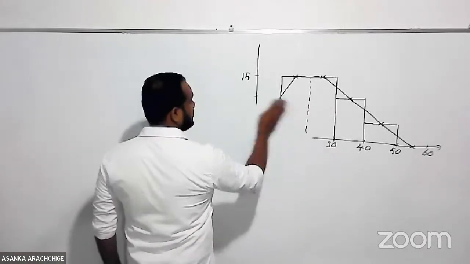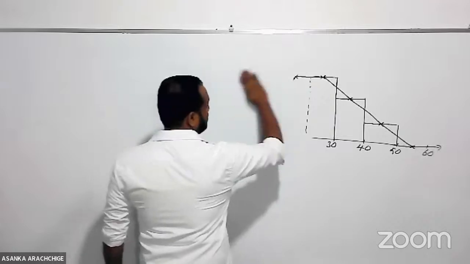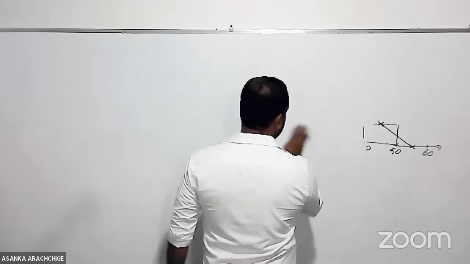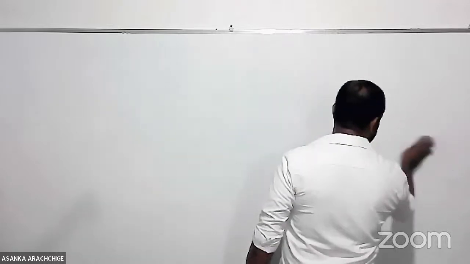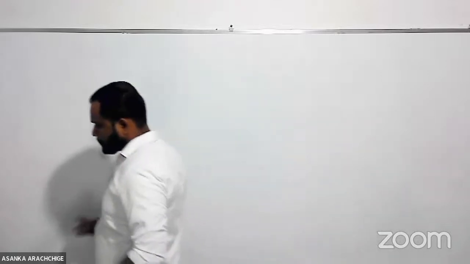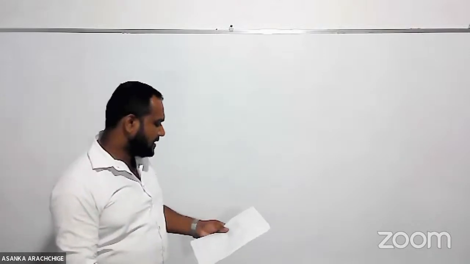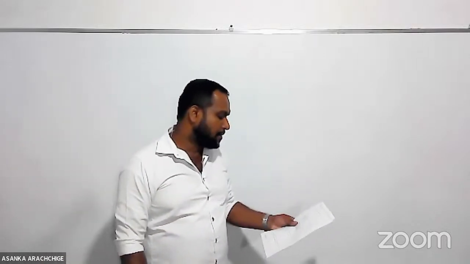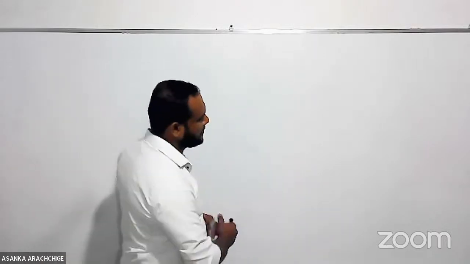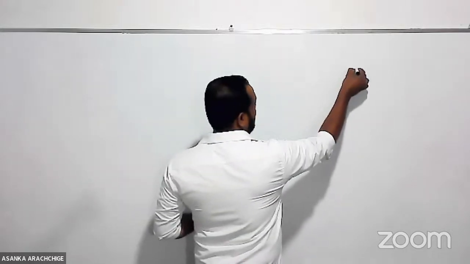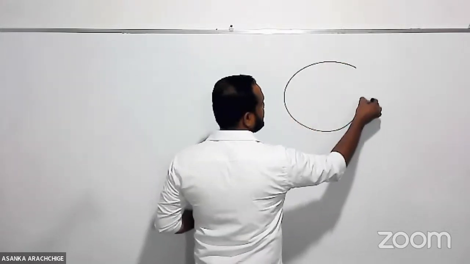Number 24. XY is a tangent to the circle drawn at the point A. This is from the lesson tangents.